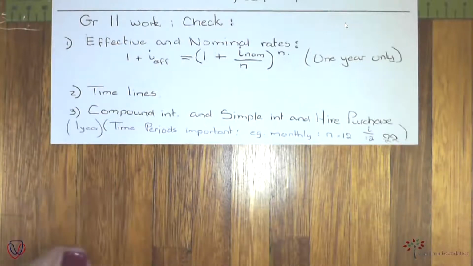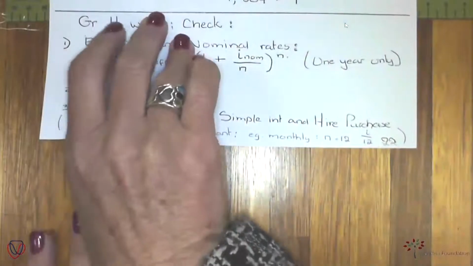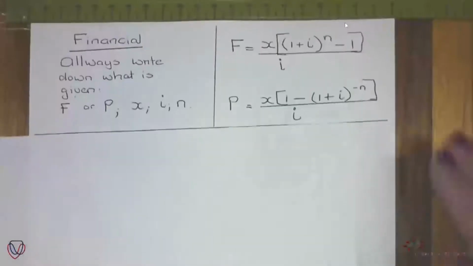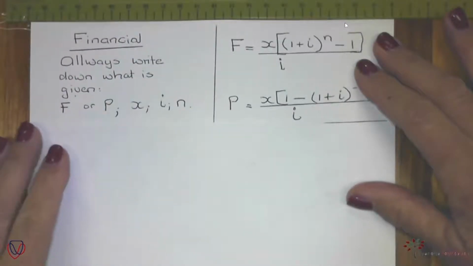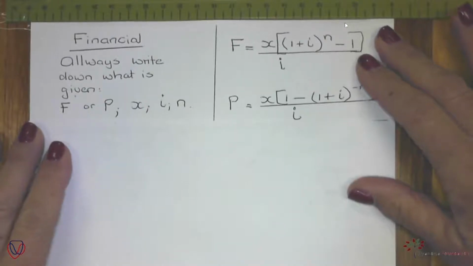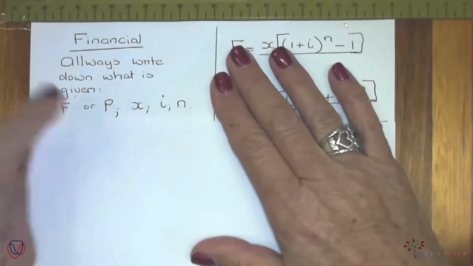But I'm now going to do the trick questions, which you will be able to use in September and November. It's still financial, your lovely topic that you all love so much. Okay, I said here, always write down what is given.